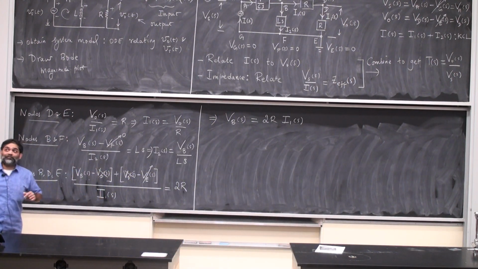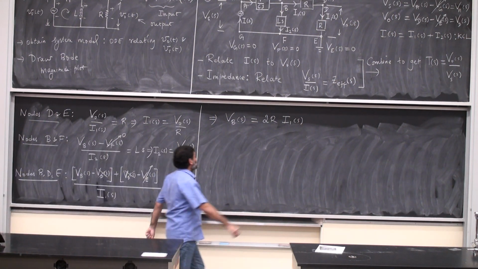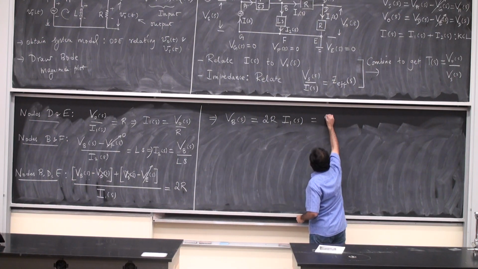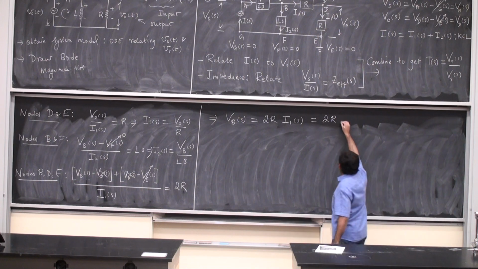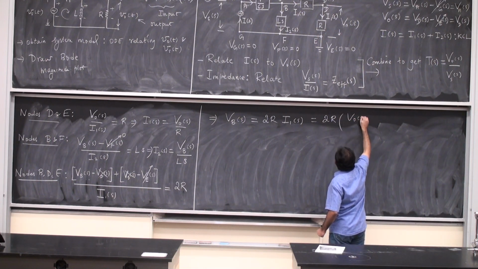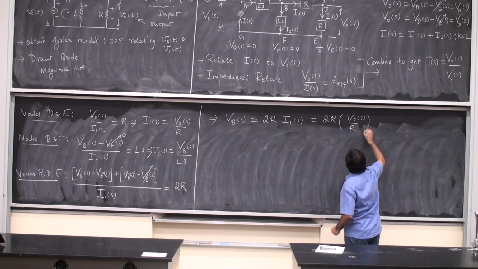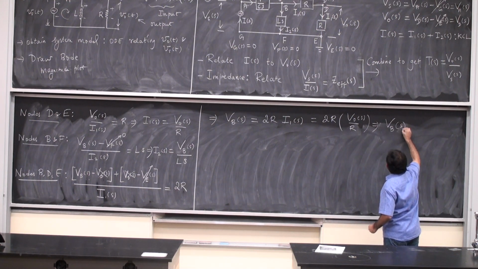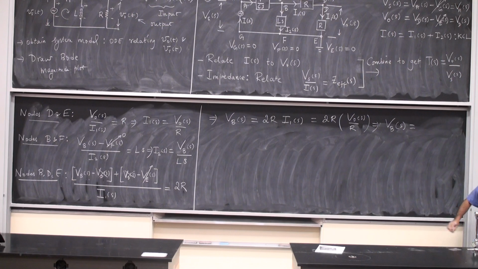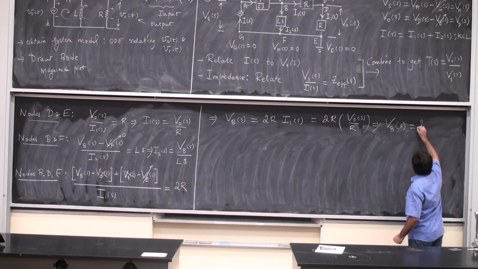But you obviously see what I'm saying, right? Because I1 is related to V0. So now I have the relationship between VB and V0. So this is nothing but 2R. Instead of I1, it's V0 divided by R. So that is just 2 times V0 of S.